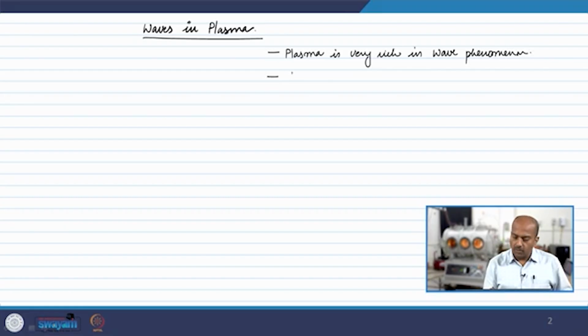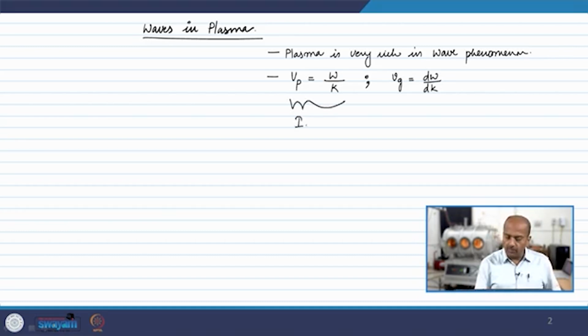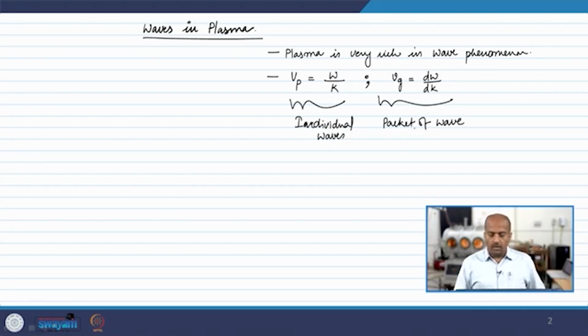Right. And we have seen what is the phase velocity. Vp is omega by k and Vg is d omega by dk. The phase velocity tells about individual waves and the group velocity tells about a wave packet or a group of waves, right.